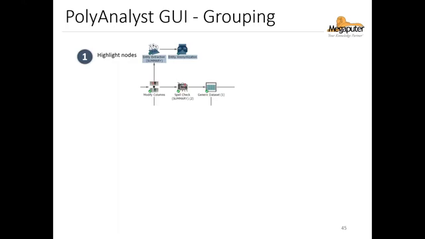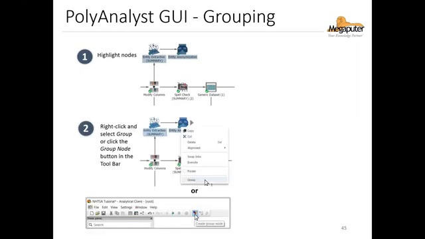What we do is, we first need to have at least one node in order to create a group. You can't create a group node without something in it first. So we need to highlight one or more nodes, and then we can right-click them and select the group option from the pop-up menu.